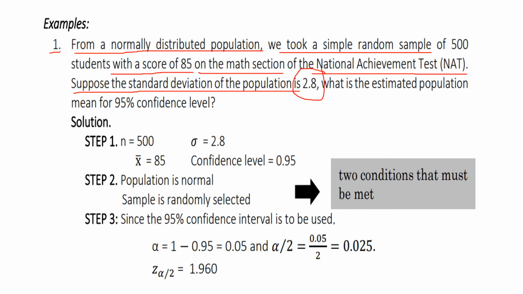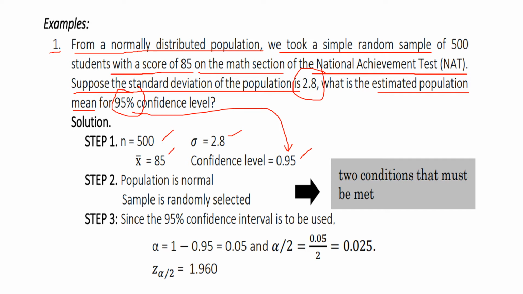What is the estimated population mean at 95% confidence level? Your step number 1 is to list down all the given values. Your n is 500, your sample mean is 85, your population standard deviation is 2.8, and your confidence level is 0.95. We simply convert this percent to decimal, or divide this 95% by 100, and that will be equal to 0.95.